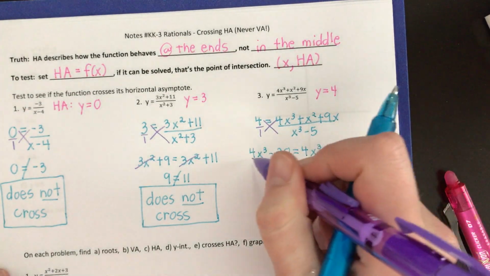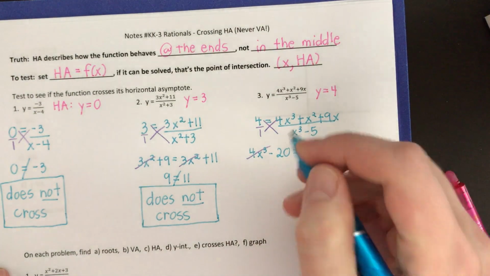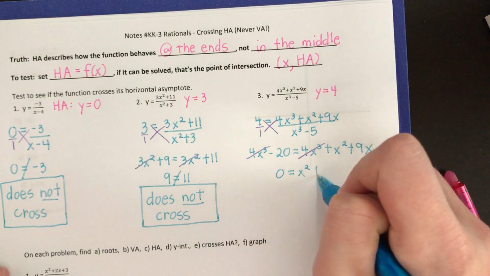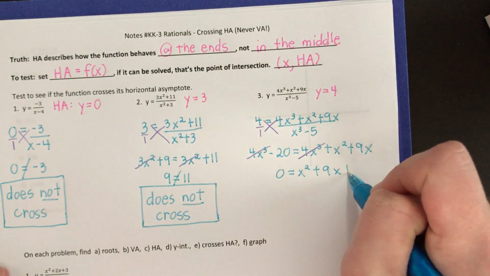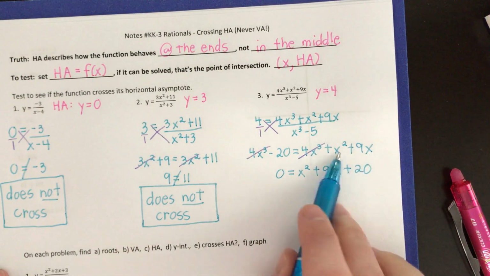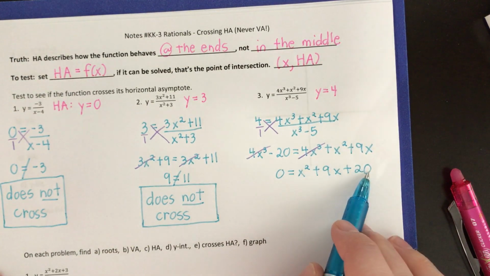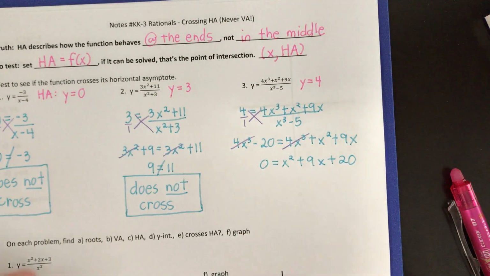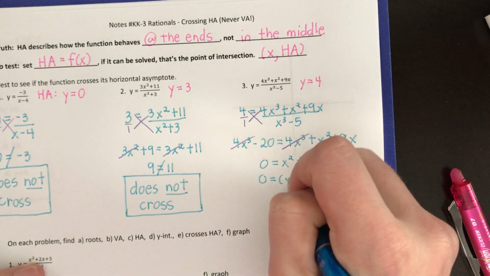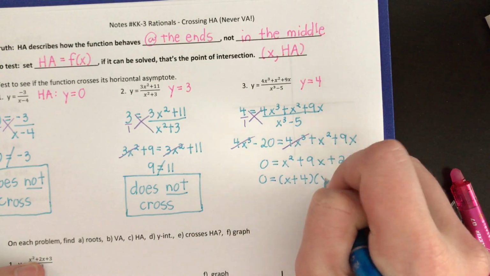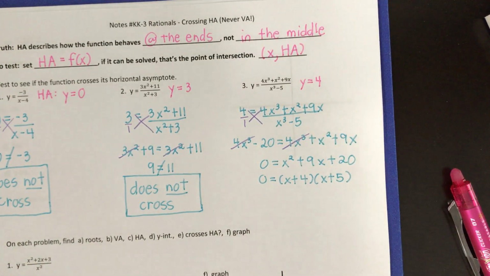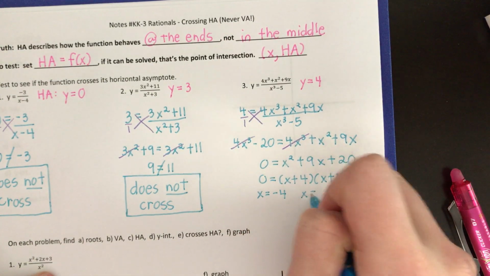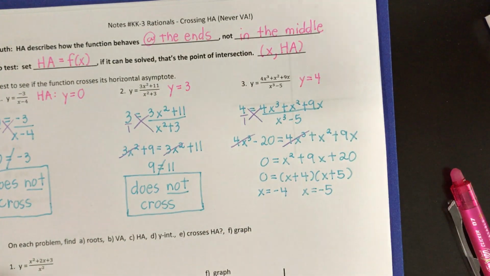Okay, so my 4x cubeds simplify. I'm going to 0 equals x squared plus 9x plus 20, because I saw I had a quadratic here, so I knew I was going to have to get all my terms to one side of the equal sign. I wanted that positive a value. Now I'm going to factor: 0 equals x plus 4 times x plus 5. Okay, so it is solvable. My solutions are x equals negative 4 and x equals negative 5 if I set each factor equal to 0.